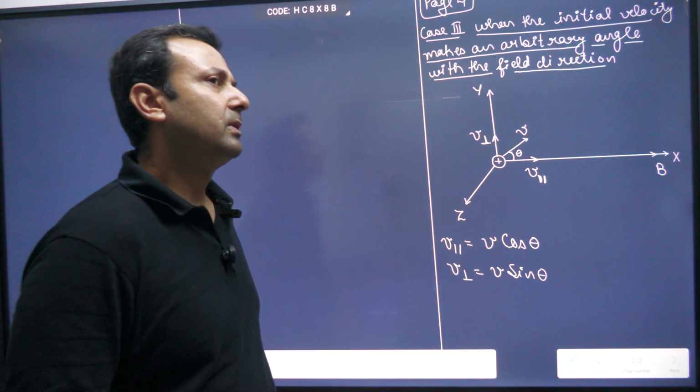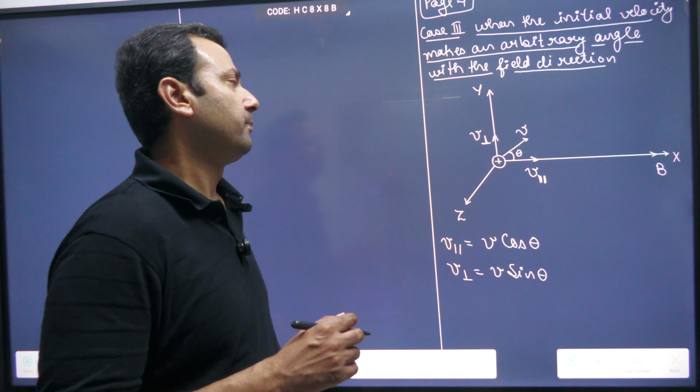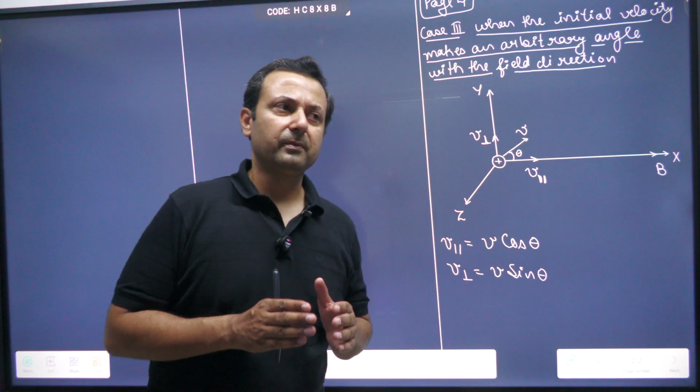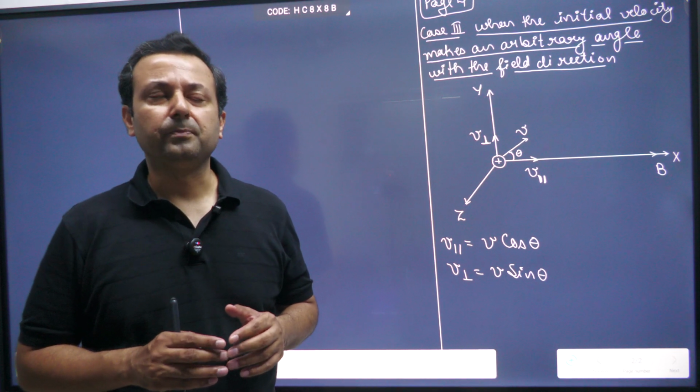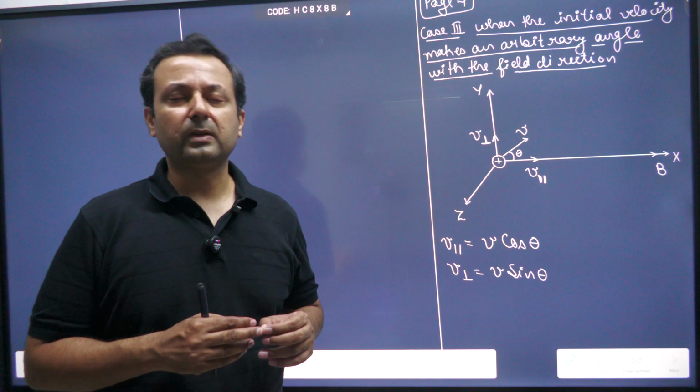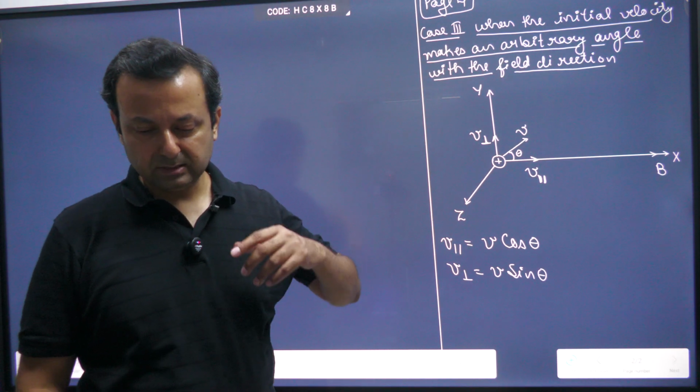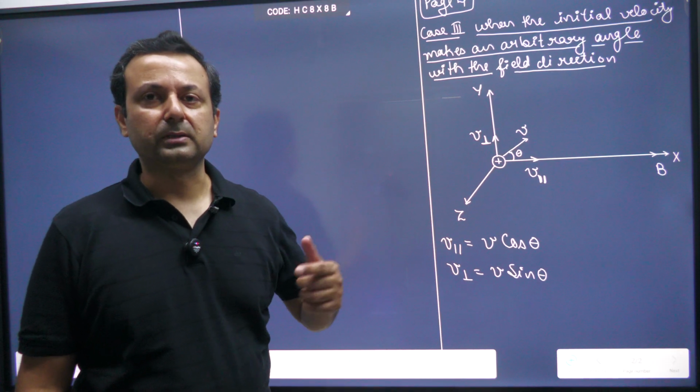Anusha, we know that whenever the angle between the magnetic field and velocity is 90 degrees, then it follows a circular path.